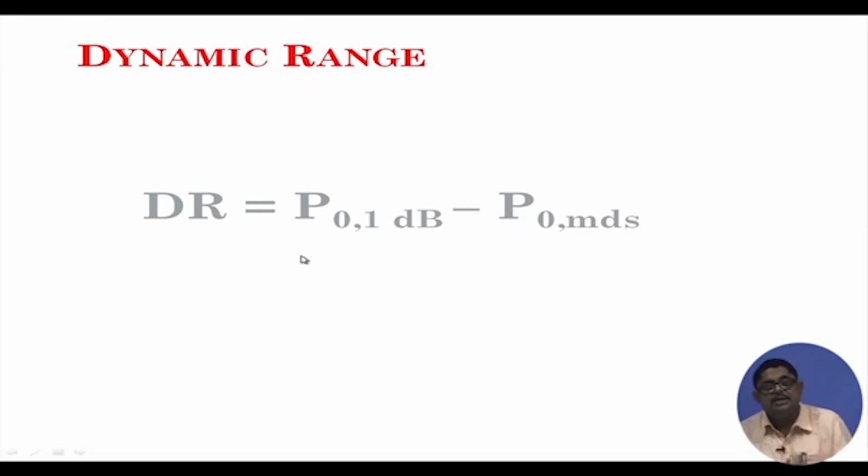What is the physical significance of dynamic range? That means within this zone, if my output power level goes, depending on what gain I have, I can have the corresponding input power level also, the input dynamic range. Within that level, if I keep my amplifier, it will be linear. So, all whatever we discussed before of designing a small signal based amplifier concept, that design concept you can apply.